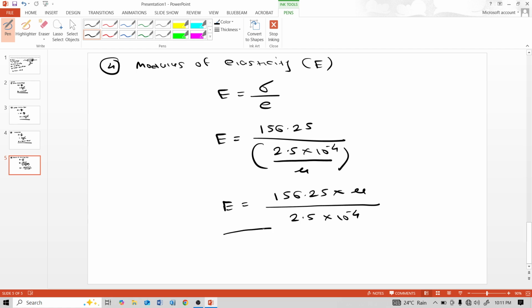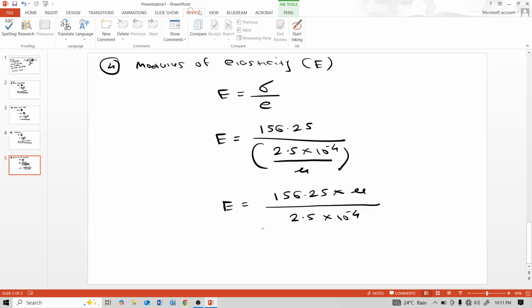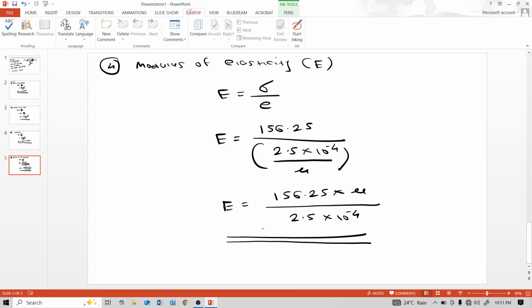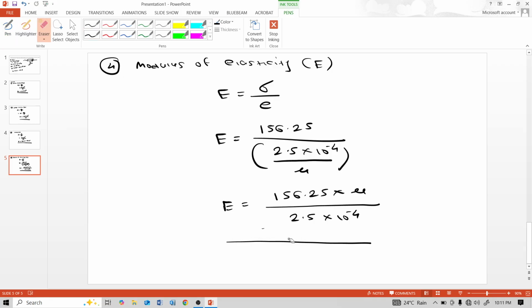This is E. See, 156.25 upon 2.5 into 10 raised to minus 4 is 625 into 10 raised to 3. E is equal to 625 into 10 raised to 3 mu.